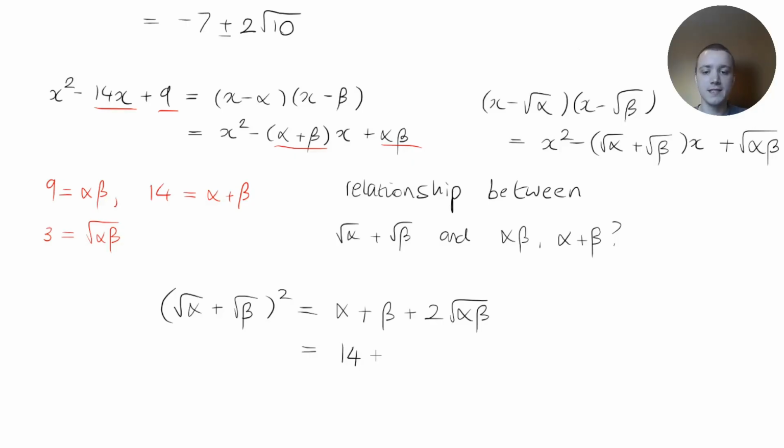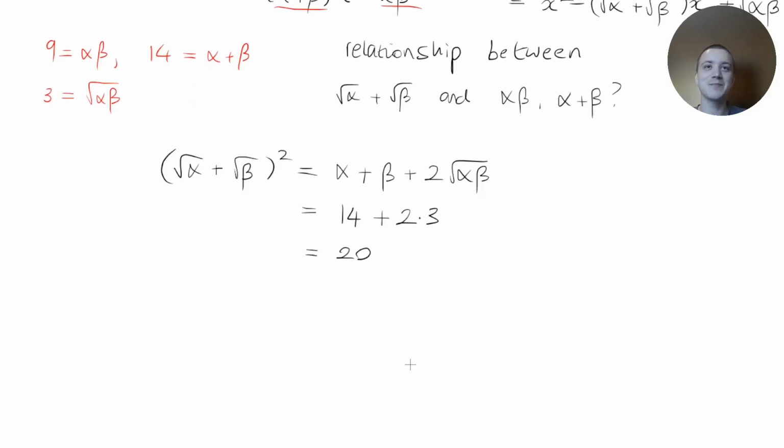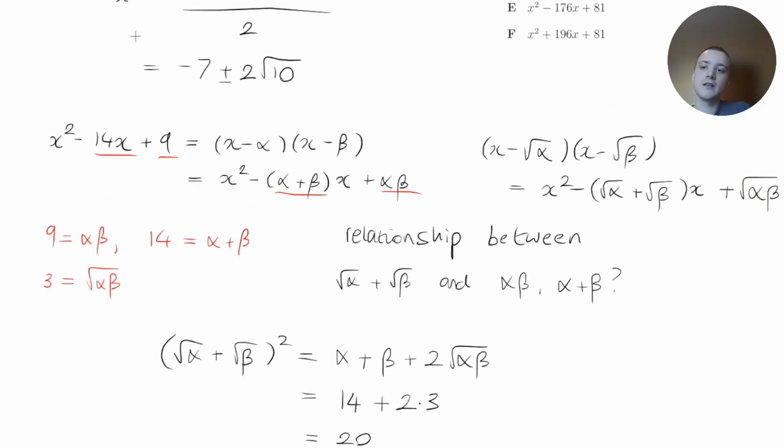So this is going to be 14 plus 2 times 3. In total, that ends up being 20. And now if we simply square root both sides, we will get root alpha plus root beta is equal to root 20.